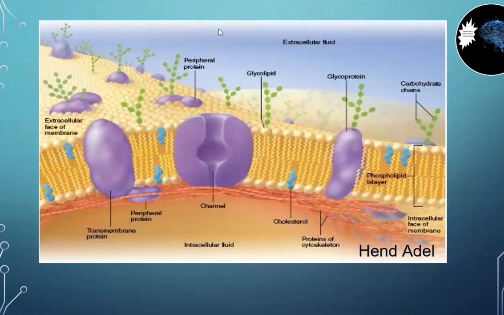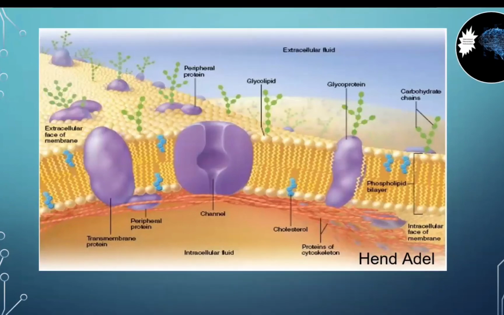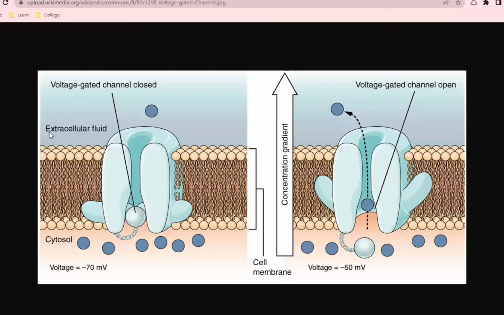So let me show you another image of a voltage-gated channel. You can see here the gate is closed at -70 millivolts, but as soon as the voltage was changed, it opened and the ions are moving outside the cell.